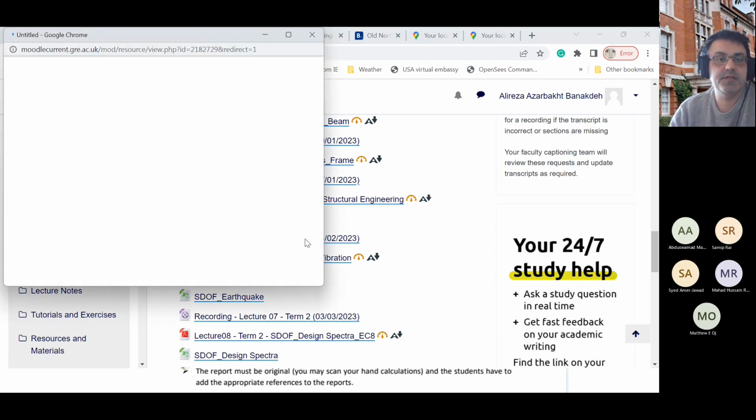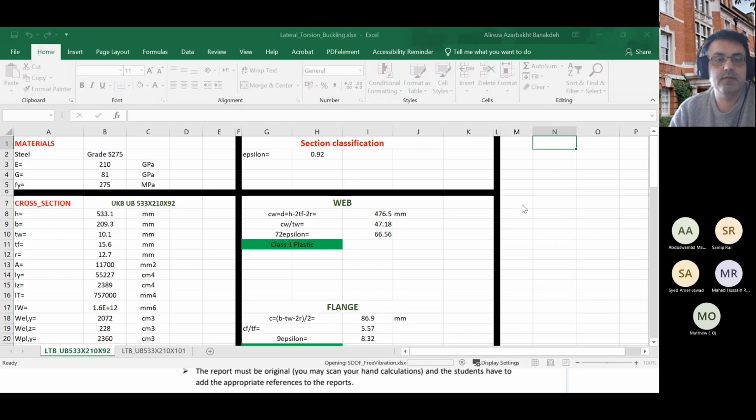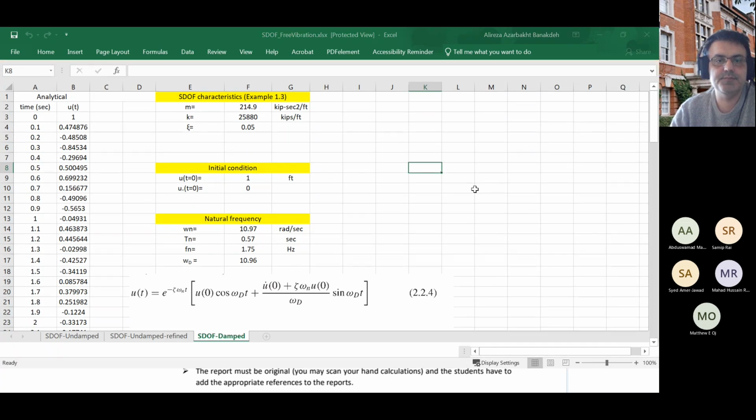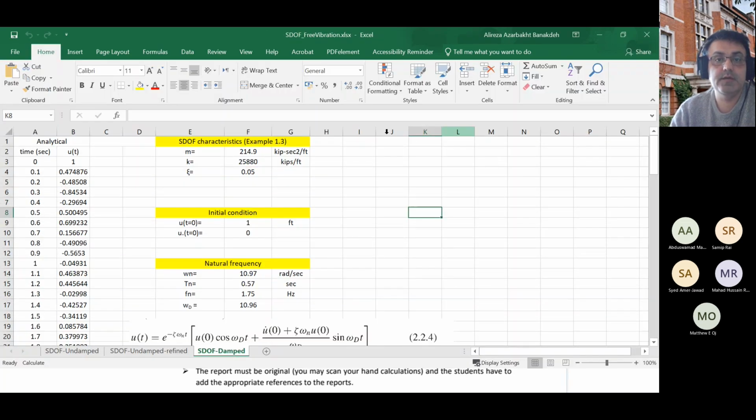So if I just open it, you will see just a recap. If you remember, it was M and K and damping. So it's okay if you play with M and K to come up with the period that you desire to have.